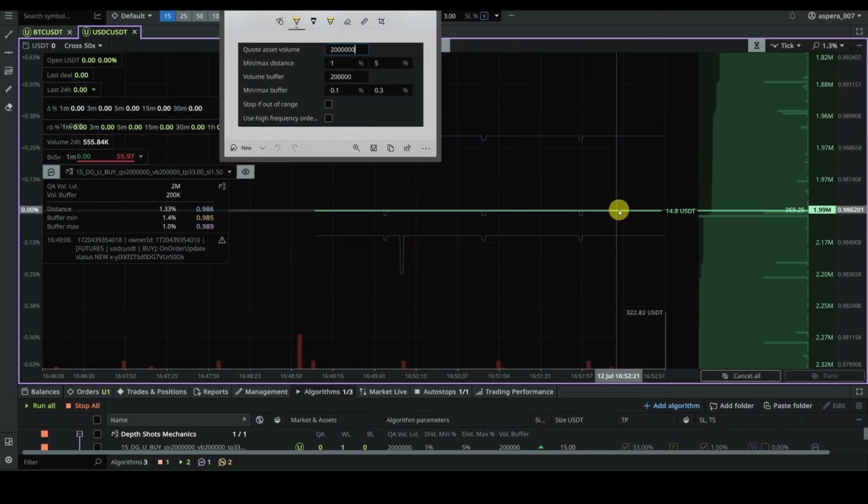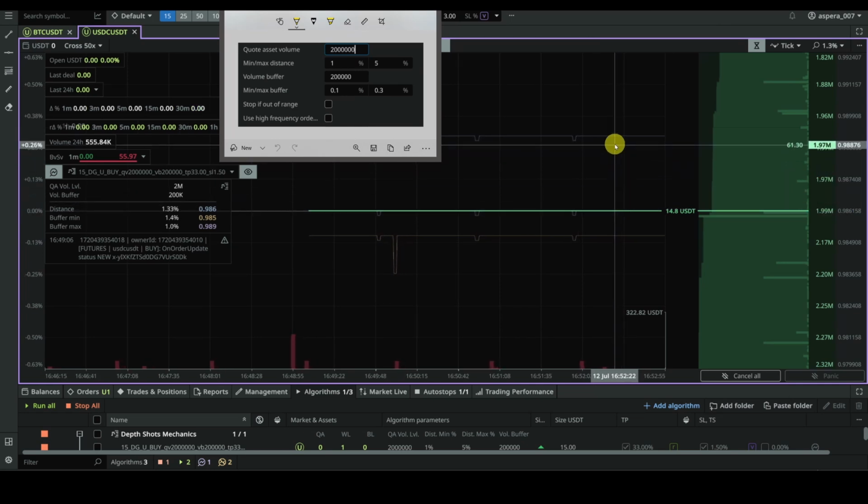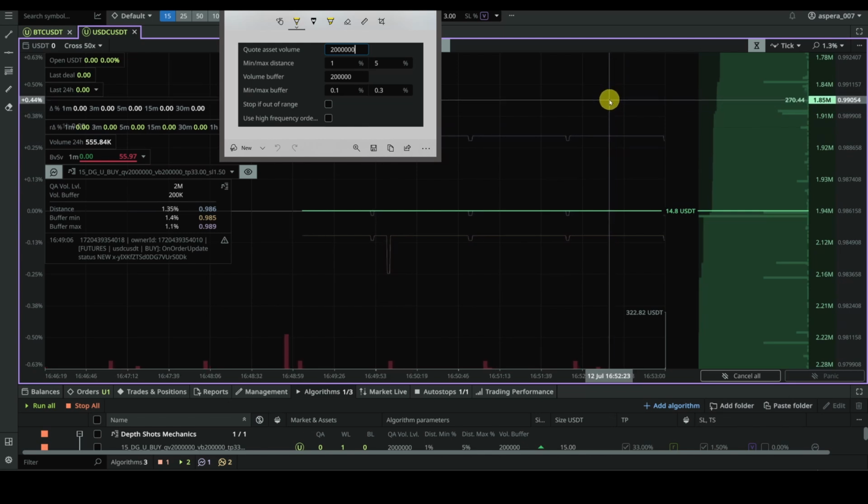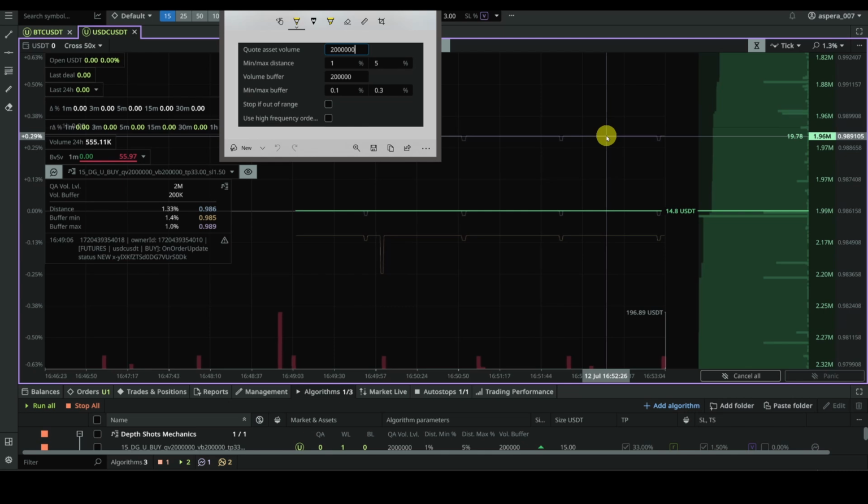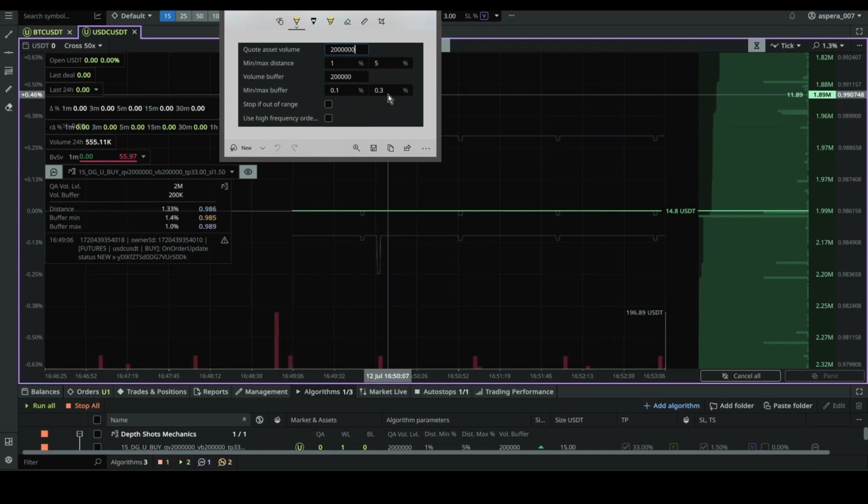Here we are at 199, so minus 100K is 189. And 189 is somewhere over there. 189 is here, so this is definitely at the maximum percentage buffer level.